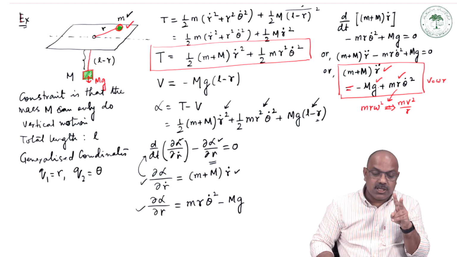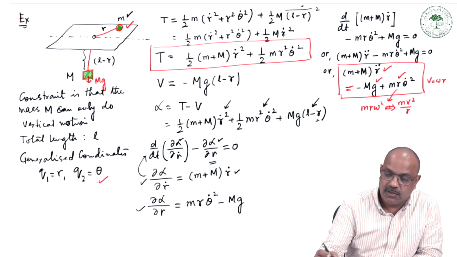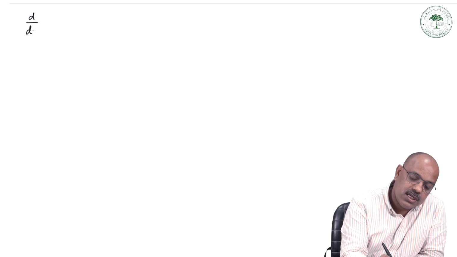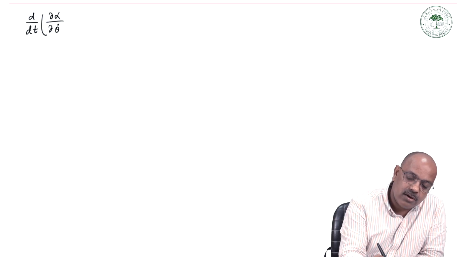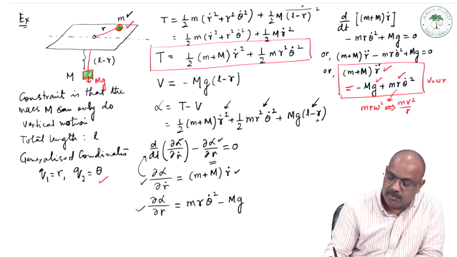Now the second equation left is the one which depends upon theta. This we can calculate: d/dt of ∂L/∂θ̇ minus ∂L/∂θ is equal to 0.